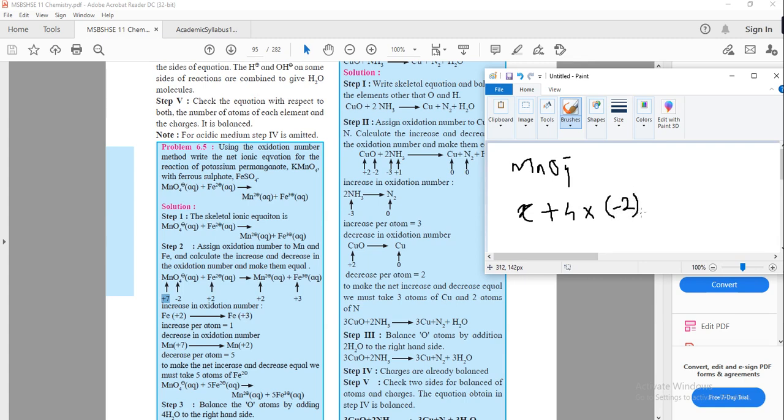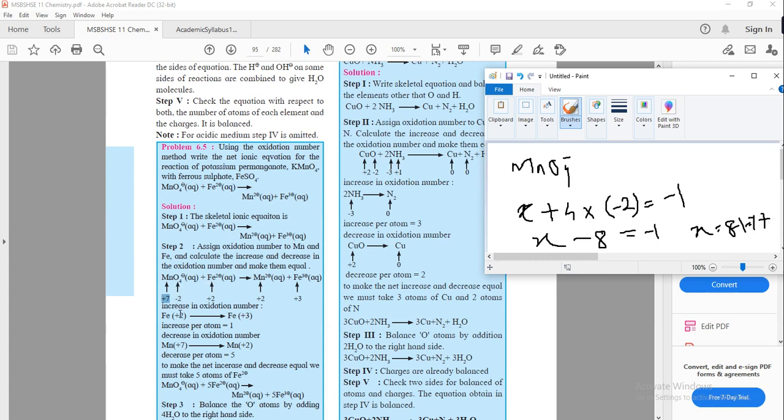So this is equal to the whole charge on MnO4 minus, which is minus 1. So 4 into 2 is minus 8 here. X minus 8 is equal to minus 1. Then x is equal to 8 minus 1, which is plus 7. The oxidation number of Mn is plus 7.